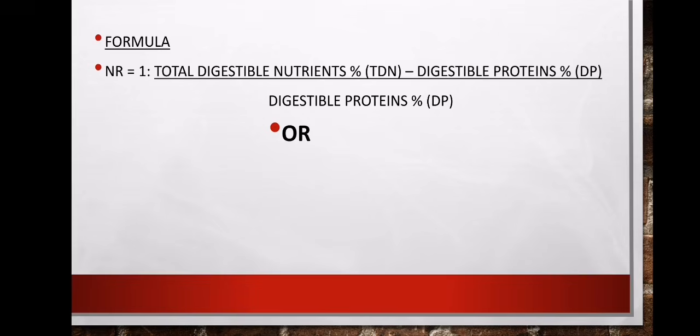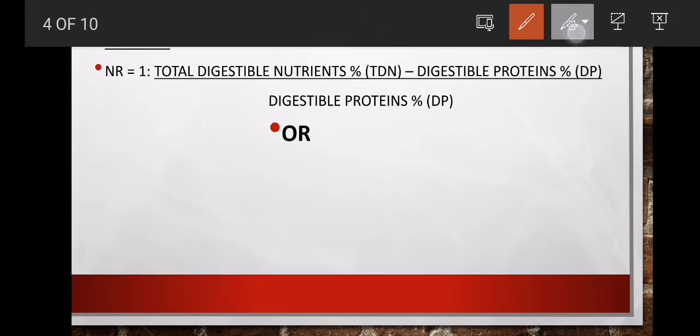Please take note of this part, my people. Never forget this one. Some of you end up writing the TDN minus DP divided by DP. Always remember to write the 1. 1 is to TDN minus DP divided by DP. Okay, fine.